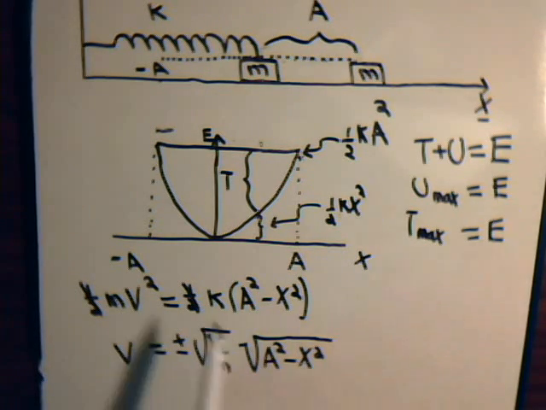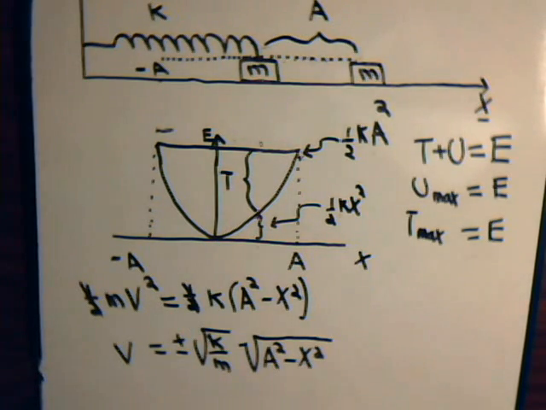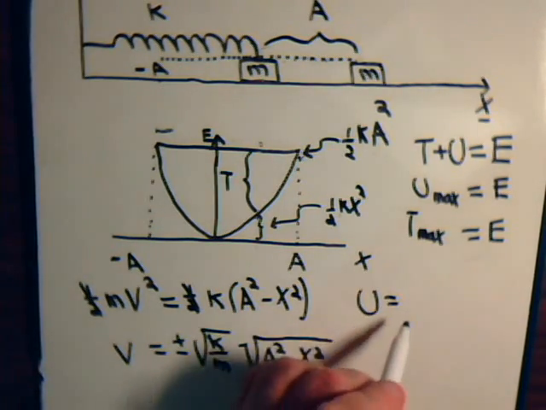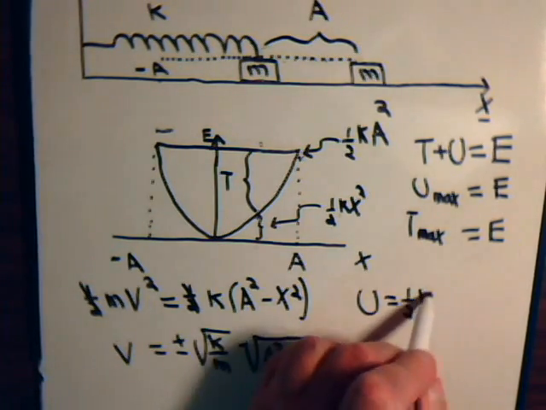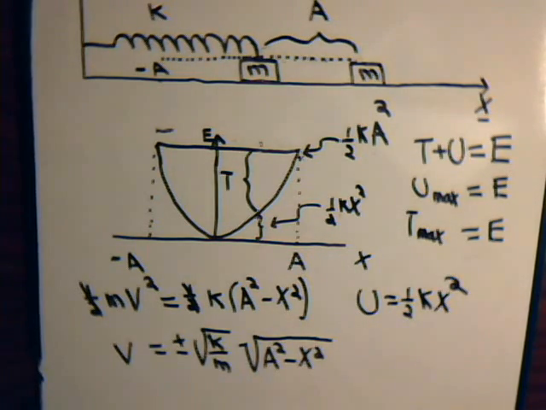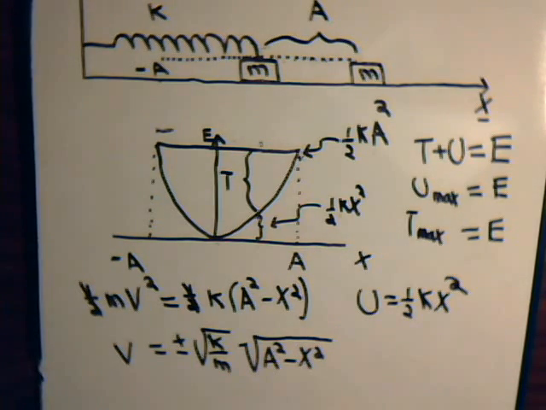Now, what happens right here? x is 0, and the potential energy is 1/2 kx squared, so that should be 0, so there should be maximum kinetic energy then.